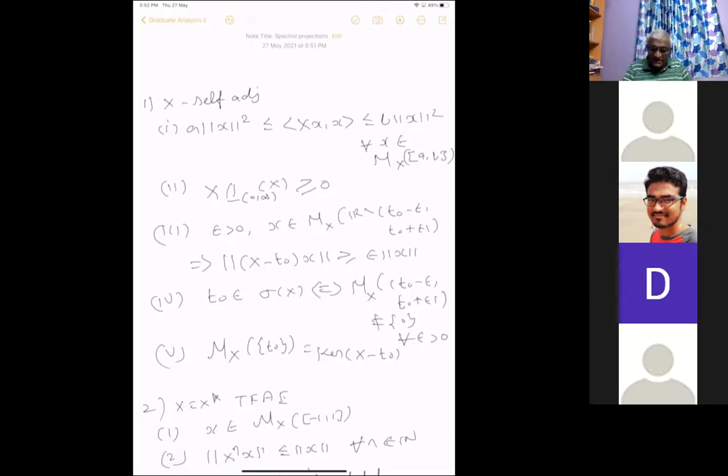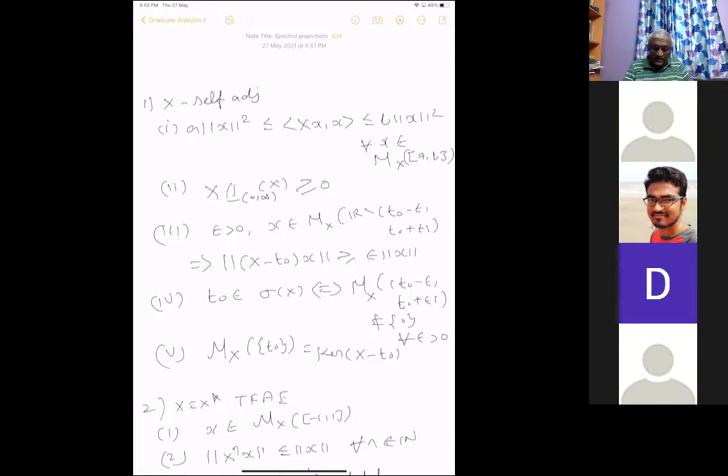If x is in this range of projection, then this inequality has to be satisfied. If x is 0, there is no problem. Then there is no point. If x is some non-zero vector in the range of this projection, then this inequality is satisfied.